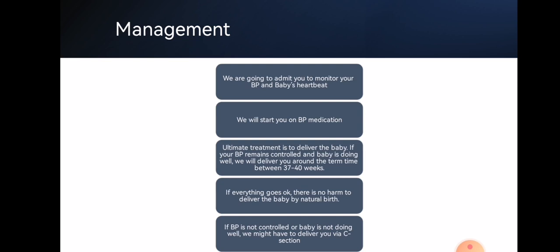We will deliver you around term, between 37 and 40 weeks, depending on the situation and your blood pressure condition. If everything goes okay, there is no harm in delivering the baby by natural birth. But if blood pressure is not controlled or the baby is not doing well, we might have to deliver you via C-section. Does that make sense?